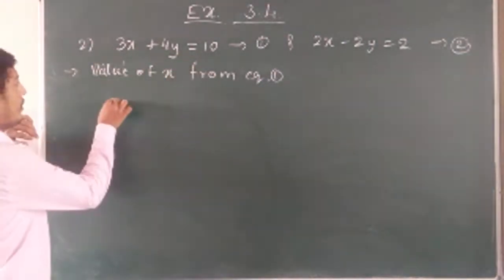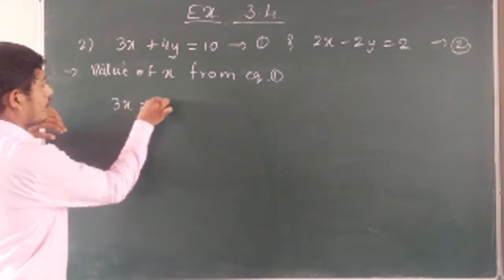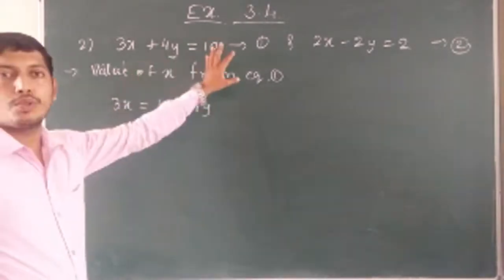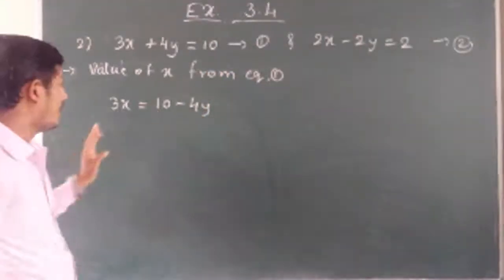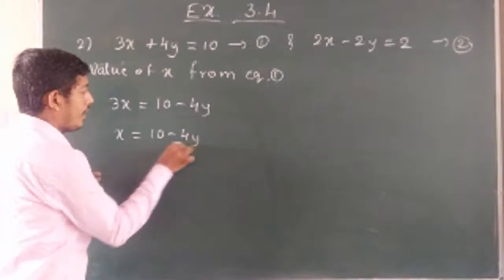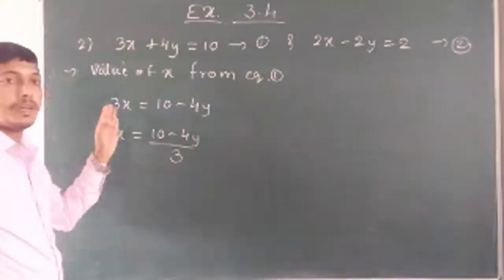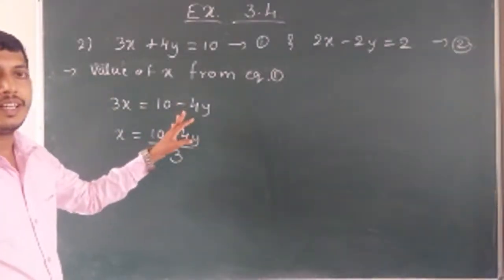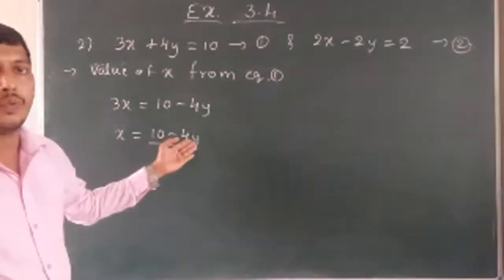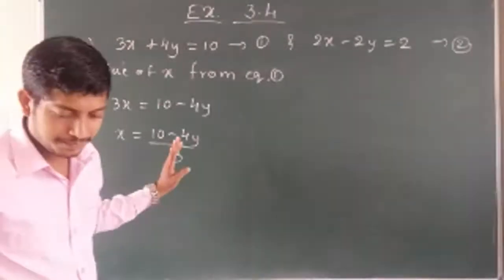So here it becomes 3x equals 10 minus 4y. 4y, when it goes to the other side, becomes minus 4y, and the value of x becomes (10 minus 4y) whole divided by 3. Because 3 is multiplied here, when it goes to the other side it becomes divided. That means the value of x becomes (10 minus 4y) divided by 3.